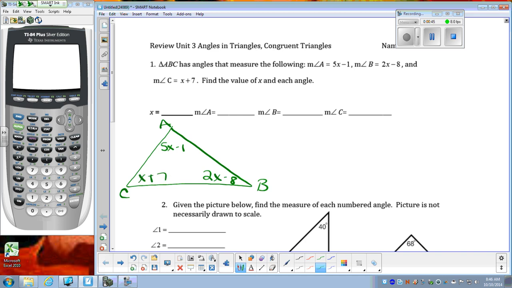I know that all three of those angles have to add up to 180, so I do 5x minus 1 plus 2x minus 8 plus x plus 7 equals 180. Combine all my like terms.